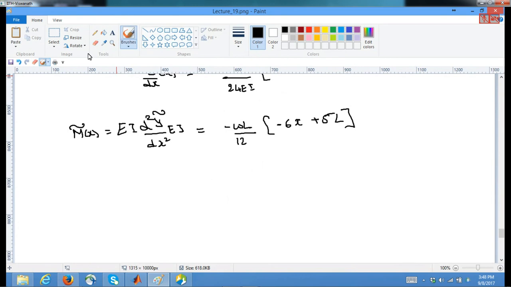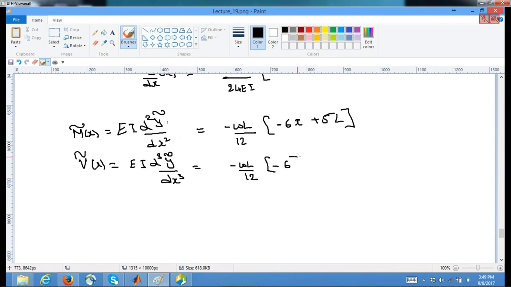And V tilde of x is equal to EI d cube y tilde by dx cube, which is equal to minus WL by 12 into minus 6.